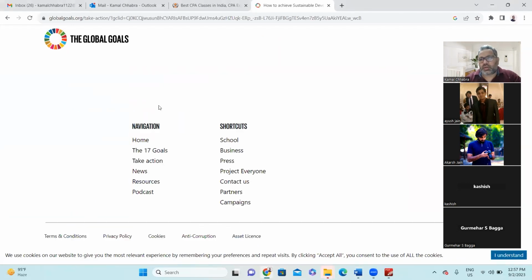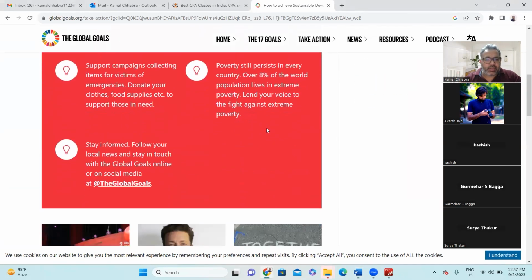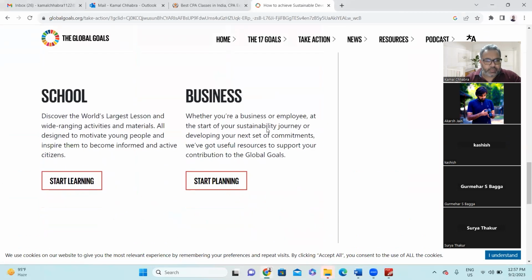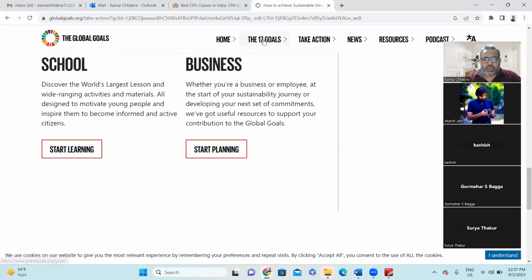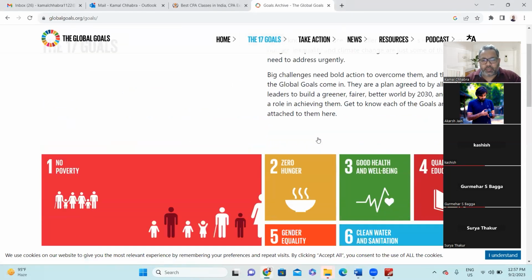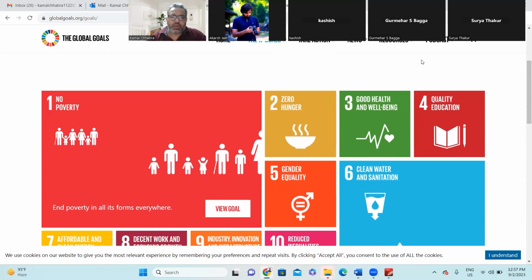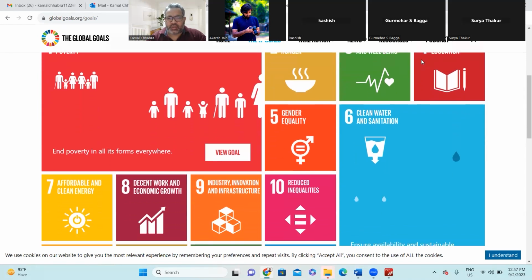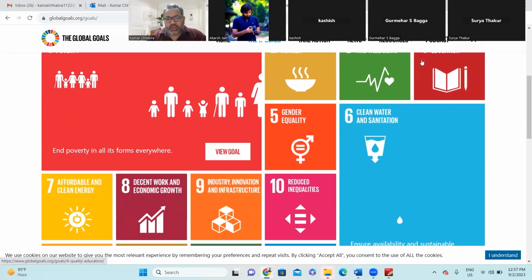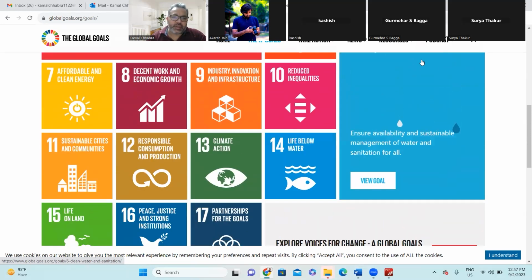So these are the respective goals, the 17 goals. If you see, these are the goals of the United Nations: no poverty, zero hunger, good health and well-being, quality education, gender equality, right? All these things. So these are the 17 goals of the UN.